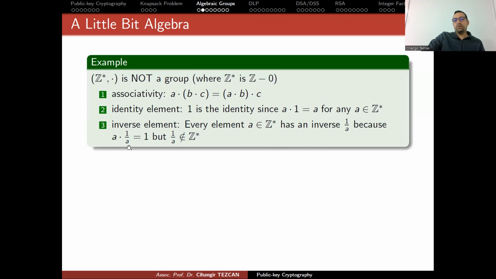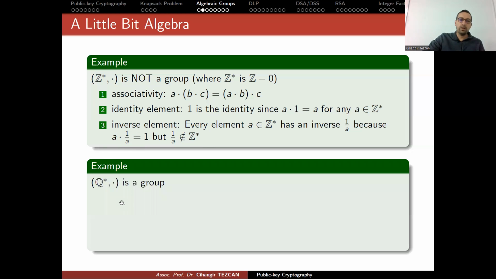We need a number such that multiplication gives the identity element, right? So if you have A, the inverse should be 1 over A. But if A is different than 1, then 1 over A is not in Z star, right? So this is a problem. Not every element has an inverse, so it is not a group.